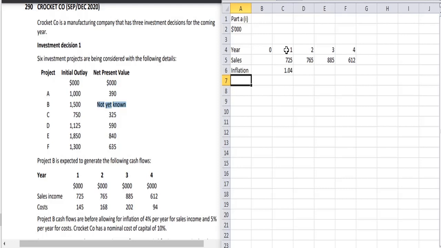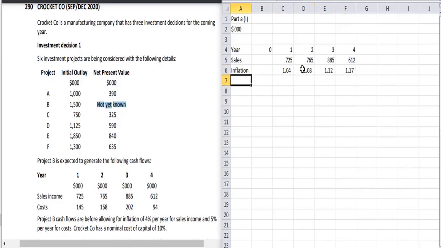Nothing like this has been mentioned in the question, so we assume our inflation will start from year 1. So for year 2, I have calculated the inflation amount for year 2 as well, year 3, year 4.